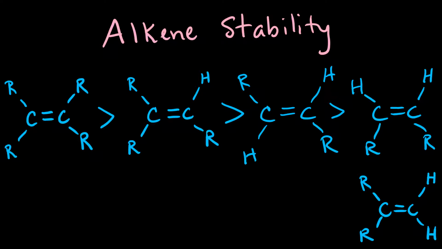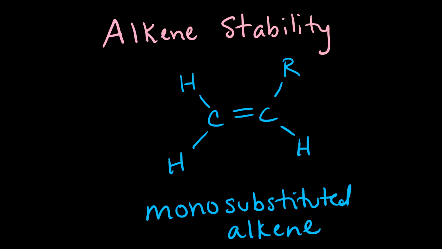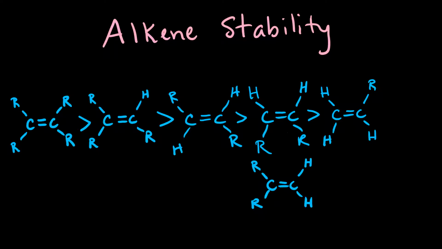So we can insert these into our scheme. Recall that tetra is the most stable, followed by tri-substituted. Then we have the trans di-substituted, and then the 2, the cis and the geminal di-substituted variations. Next, of course, you would have only 1 R group, and that would be a monosubstituted alkene.